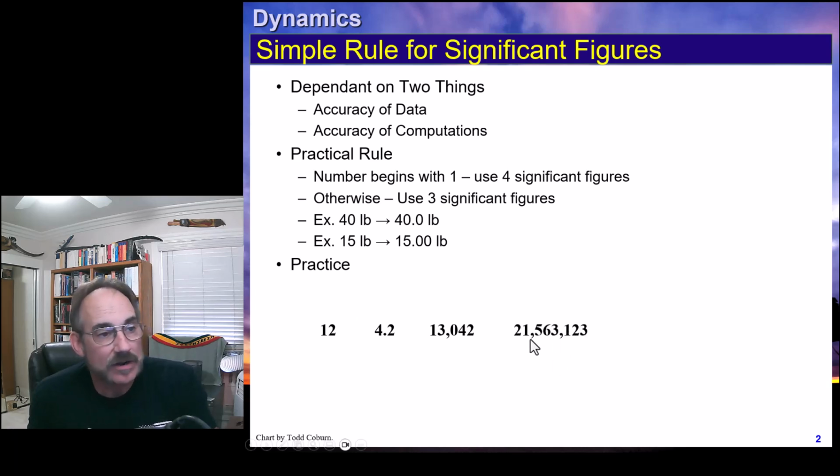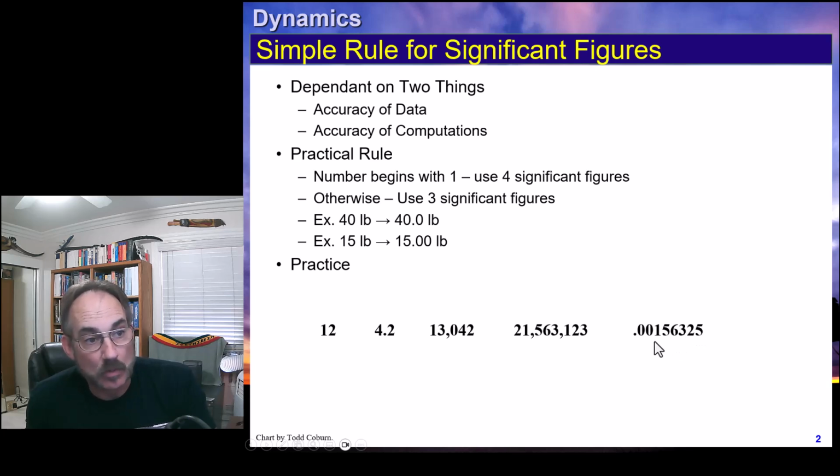This number here, in order to do this, you could say 2.16 times 10 to the 7th power, right? This one here, you can see there's 1, 2, 3, 4, 5, 6 significant figures shown.